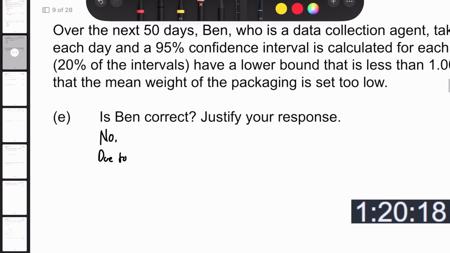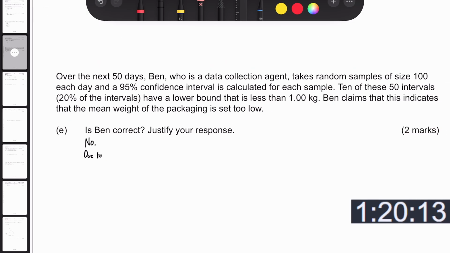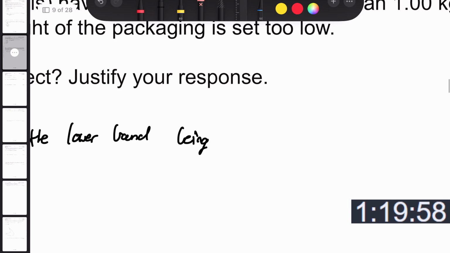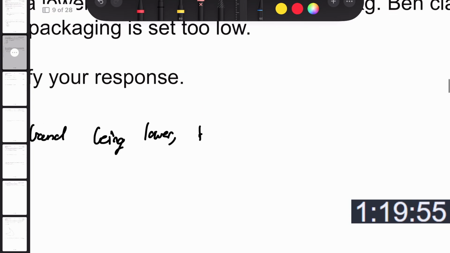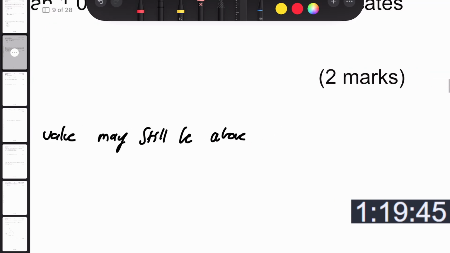due to confidence intervals. Okay, due to only the lower bound being lower. The actual value may still be above 1.00 kg, but it is unknown.